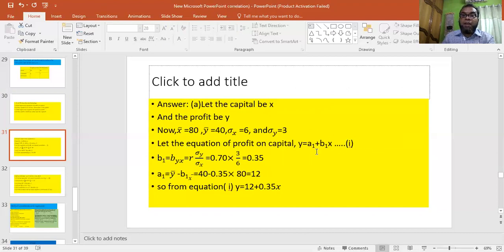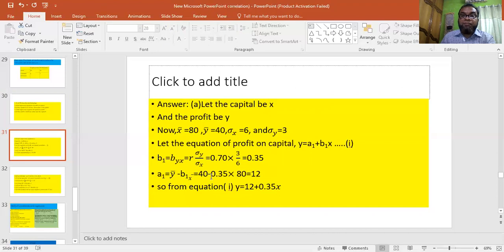From equation 1, I can get a1 equal to Y minus b1 X. If I take bars, then Y bar minus b1 X bar.